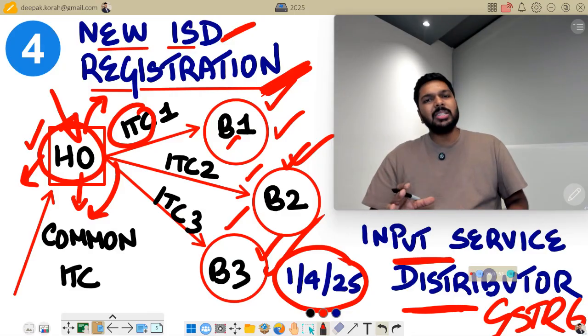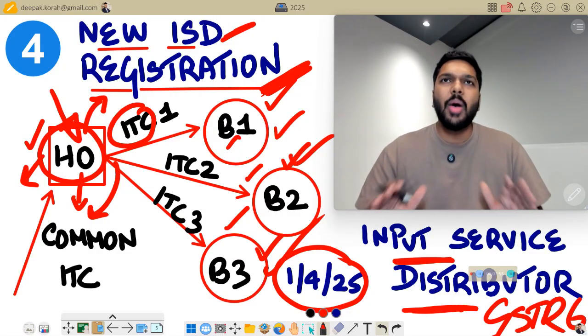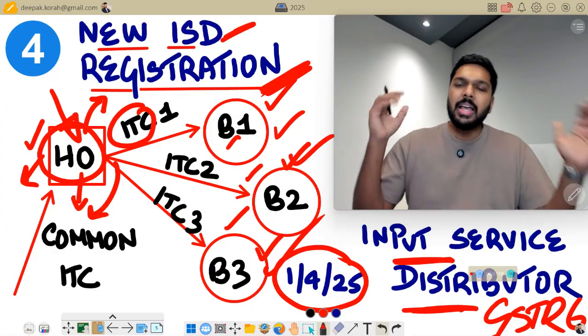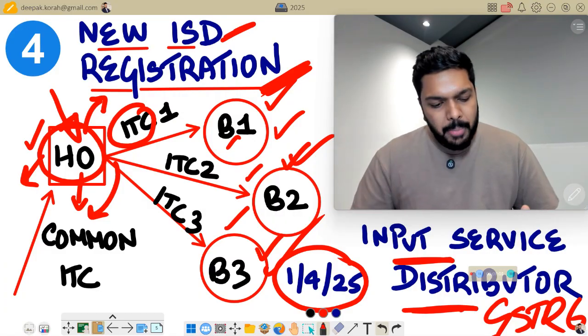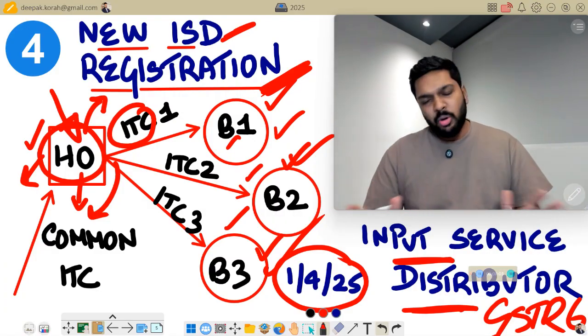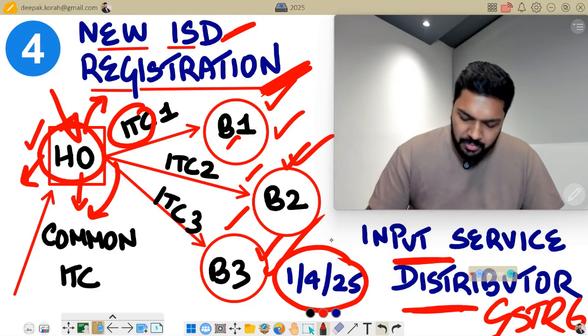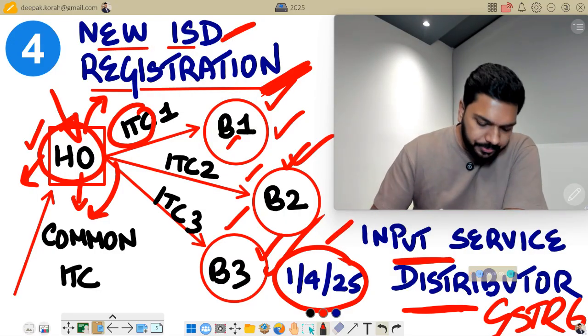So the ISD concept was always there in GST law, wherein you had to distribute the credits proportionally on the basis of turnover to your branches if it actually belongs to them. But the registration as an input service distributor was not there. It is now made mandatory without any turnover limits from 1st April 2025.